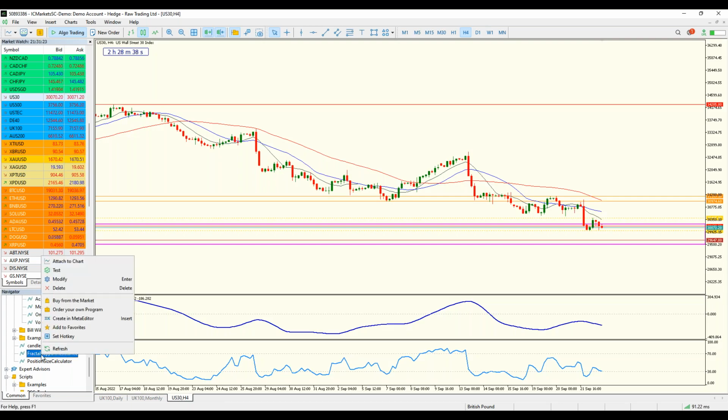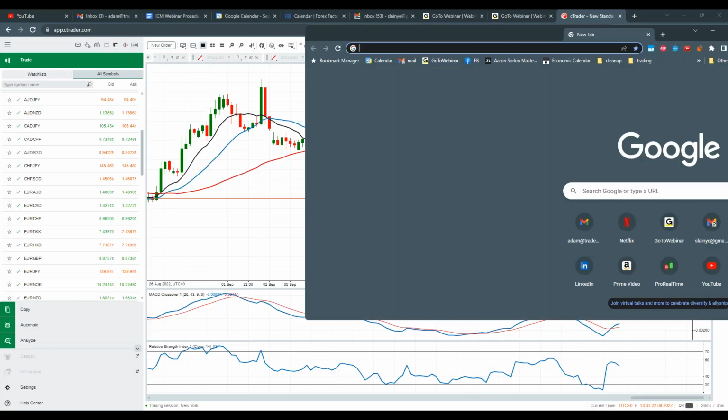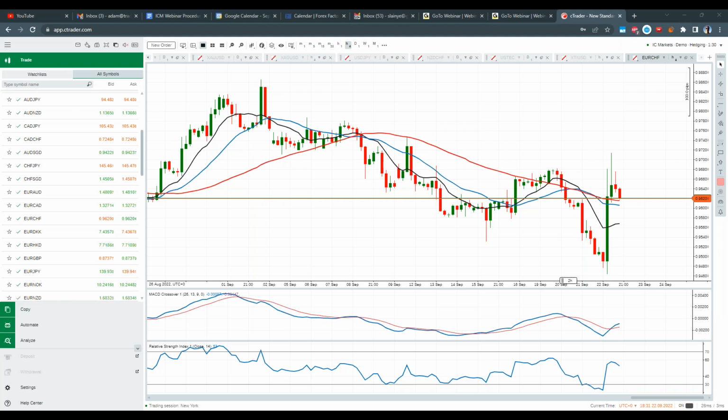Fractal Support Resistance. I'll just find it for you quickly. And then I'll put the link in so that you guys can find it. Is it this one?